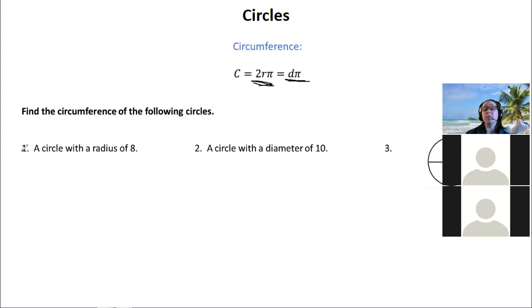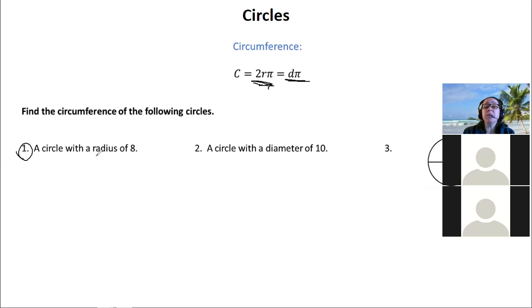So how would I find that? Which formula would I use for number 1, a circle with a radius of 8? Would I use 2 pi r or pi times diameter? Yeah, I would use 2 pi r.